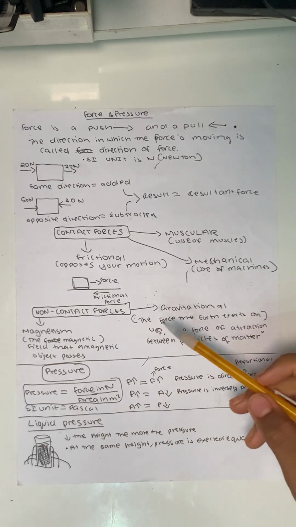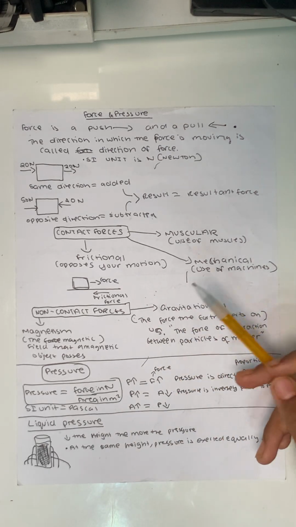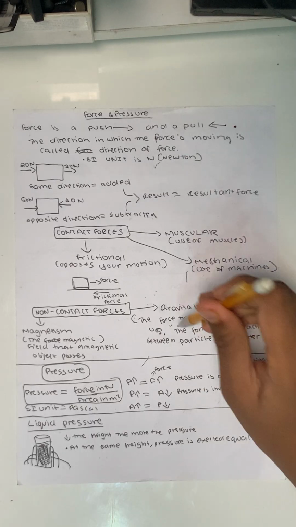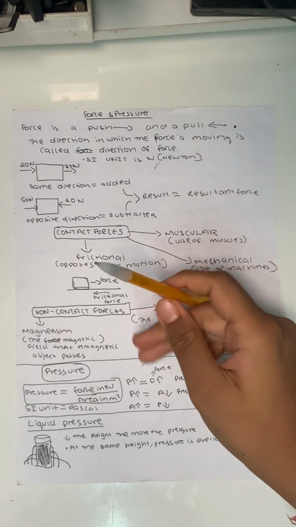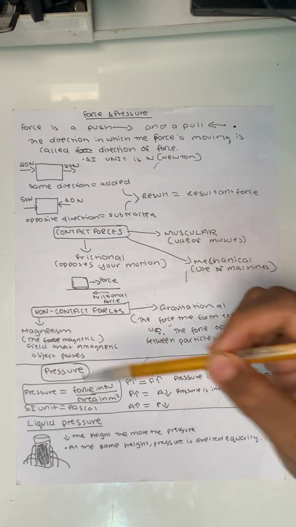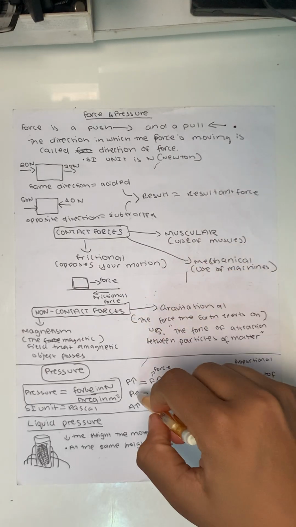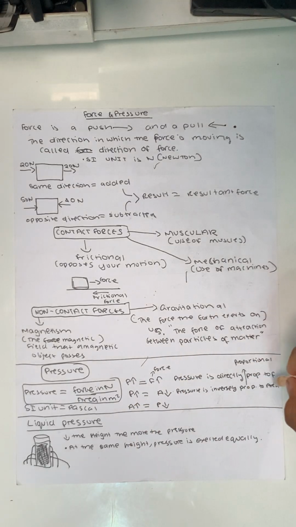The way to figure out if pressure is going to be higher or lesser: pressure is directly proportional to force. So the more force I apply on this pencil, if I push it down really hard, the pressure also increases. The more the force, the more the pressure. But pressure is inversely proportional to area.